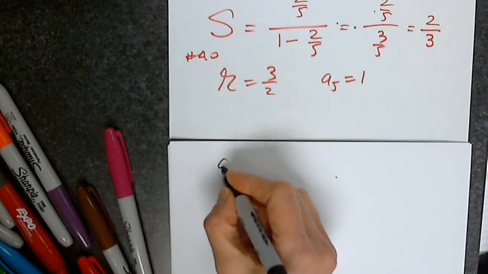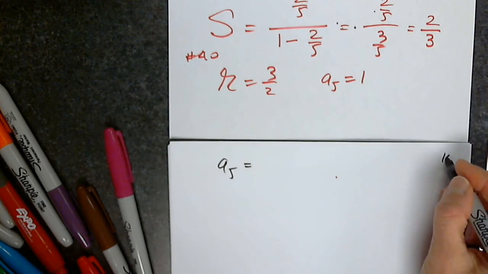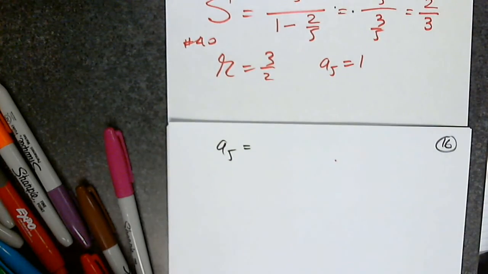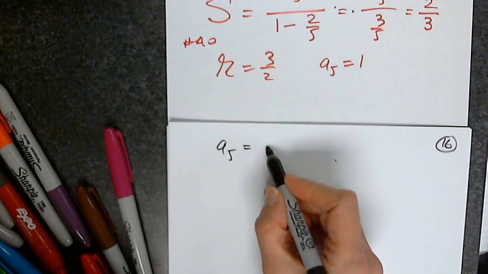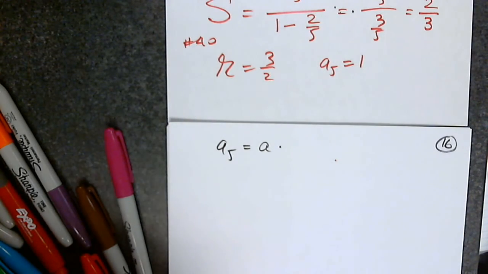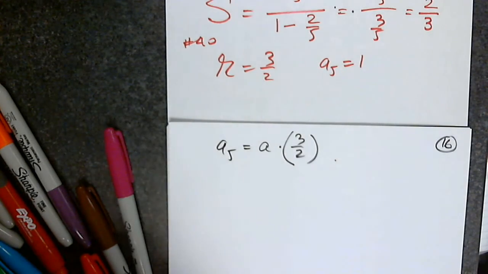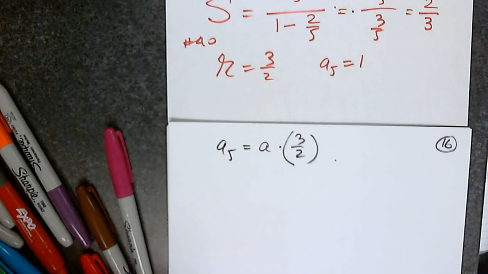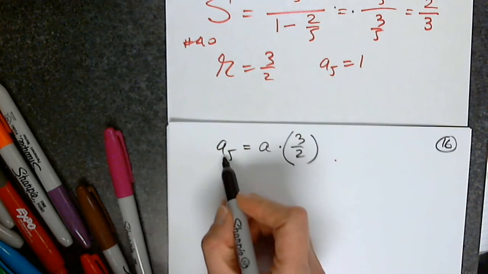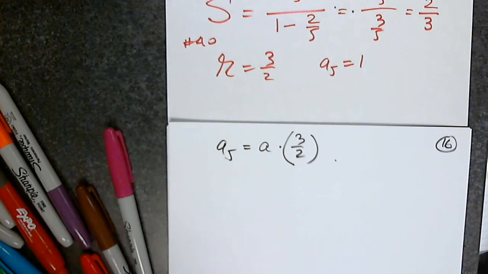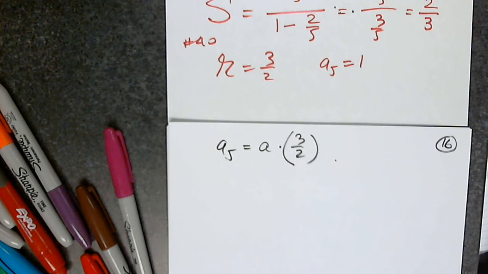So I know that A5 must be written how? A multiplied by 3/2 raised to which power?